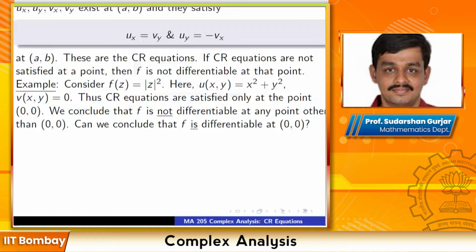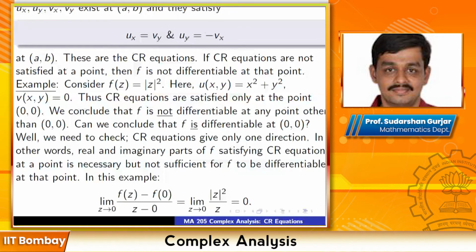We need to check, because Cauchy-Riemann equations only give us one direction. So far we only know that if it is complex differentiable, CR equations have to be satisfied. Now that CR equations are satisfied at the origin, we have to actually check whether it is complex differentiable. In other words, real and imaginary parts of f satisfying CR equations is necessary but not sufficient for f to be differentiable at this point.